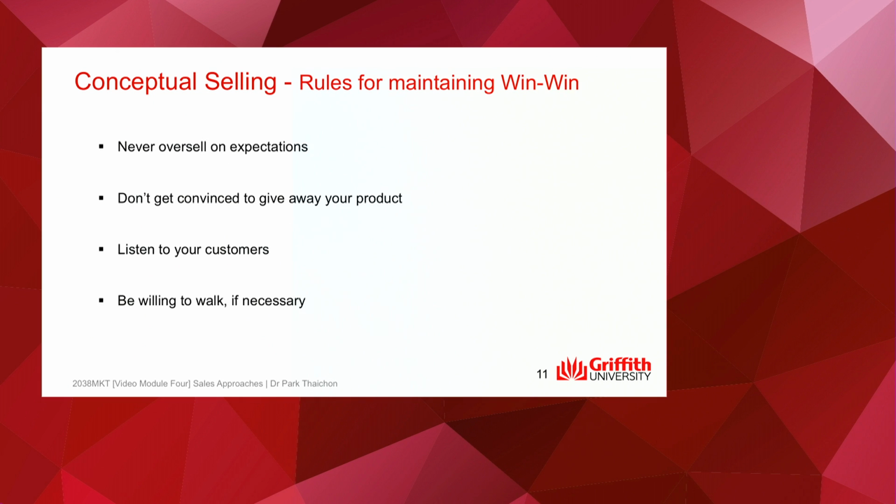All right. Let's have a look at some of the rules for win-win. The first one, don't oversell. Don't say or promise something that we could not do. And second one, understand our customer.